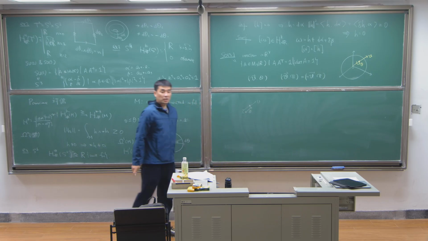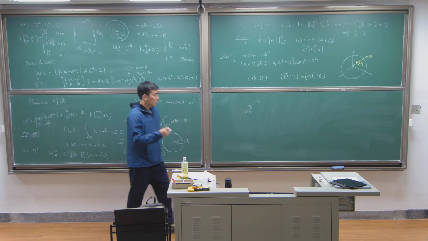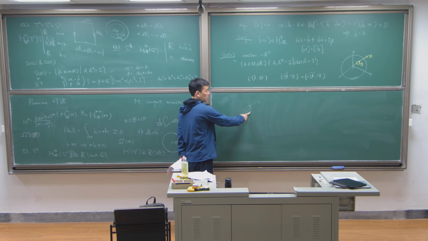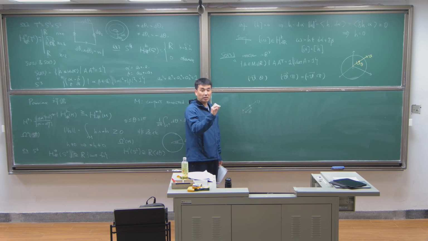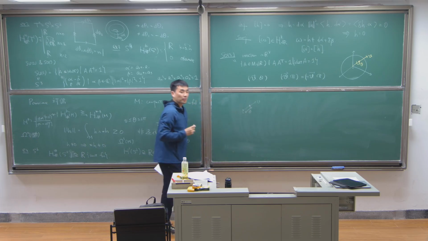This will specify the element of SO3. If theta equals 0, it's just the origin, so that's the identity element in SO3, because there's no rotation. And as you increase the rotation angle theta, you just move in the B direction by distance theta.